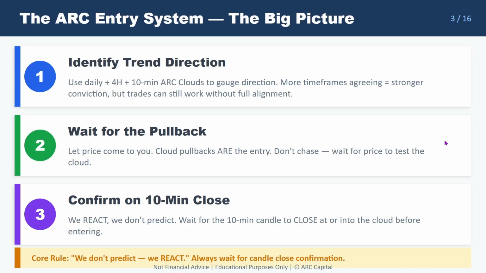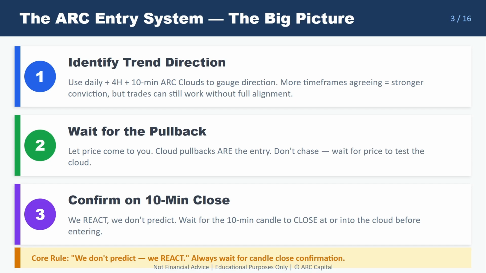So going forward here, the ARC system, the big picture, identifying trend direction. You're not going to only be using the ARC clouds on one time frame, guys, right? These work great on all time frames. But the main time frames that we use them on in a day trading aspect would be the daily, the 4-hour, the 10-minute. You can even say 5-minute, but I don't really like to go that low anymore because it basically is too much noise.